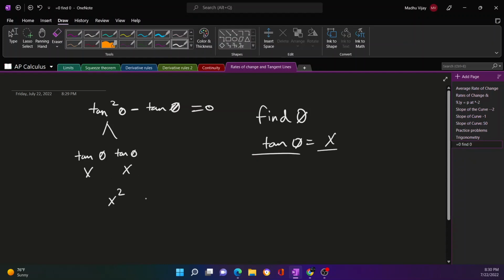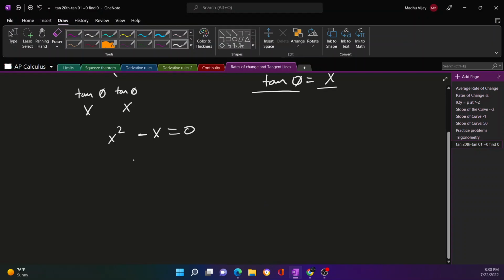So that would just be x squared minus tan theta, again x, is equal to 0. So we could do it like this, and if we factor out the x here, we get x minus 1, which is equal to 0. So we know that x is equal to 0 and 1.